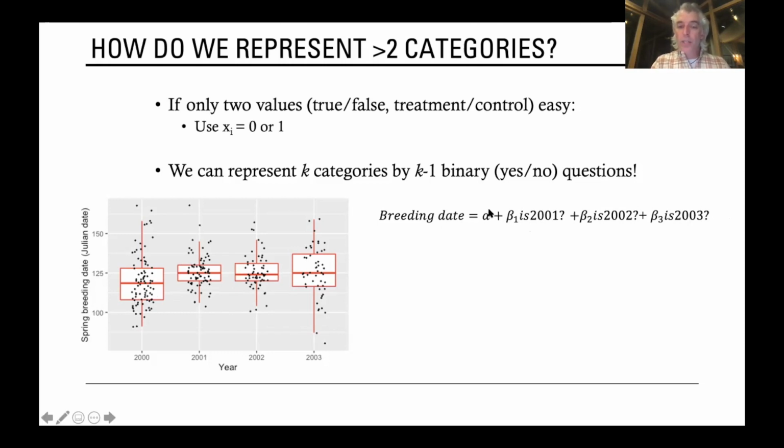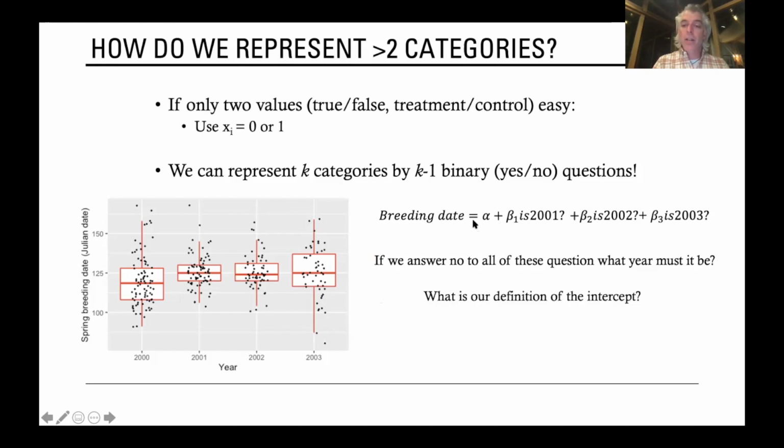We can also tell then that in this linear model notation, what our intercept represents is the average breeding date for the year 2000. Because if we answer no to all of these questions, then we know that the intercept must be equal to the year 2000, because our definition of the intercept is the value of y when all of our x values are equal to 0.